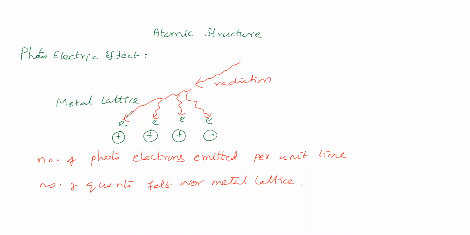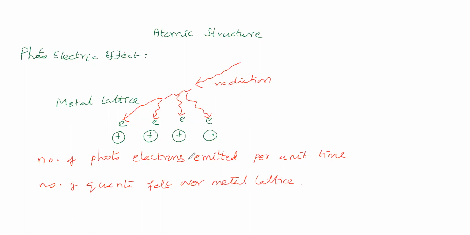So if a quantum is falling over this electron, then only it is coming out. Therefore, what is the relation between the number of quanta falling over the metal lattice and the number of photoelectrons ejected? Are they directly proportional or inversely proportional, or no relation?